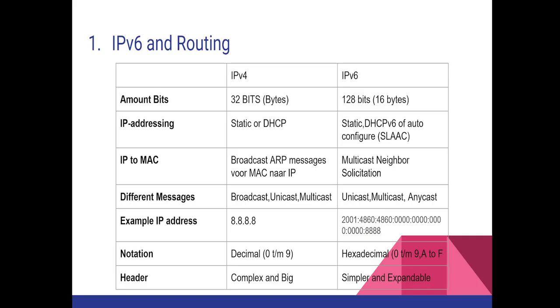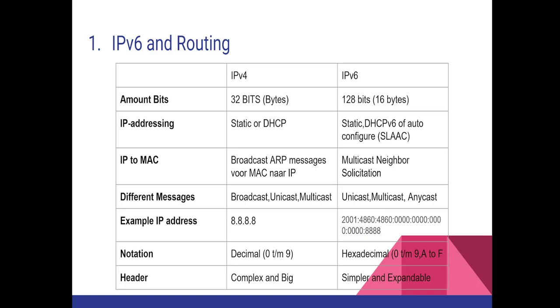For IP to MAC resolution, IPv4 uses broadcast ARP messages, and for IPv6 that's multicast neighbor solicitation. What other kinds of messages do you have? For IPv4 you have broadcast, unicast, and multicast. And for IPv6, that's unicast, multicast, and anycast.